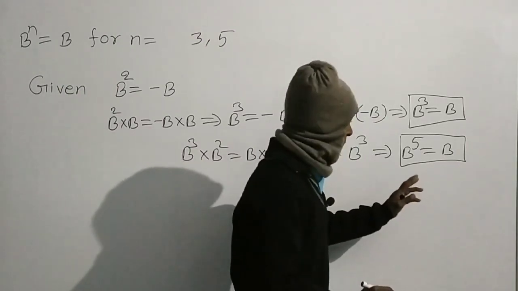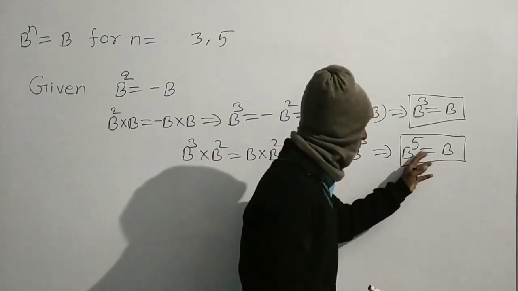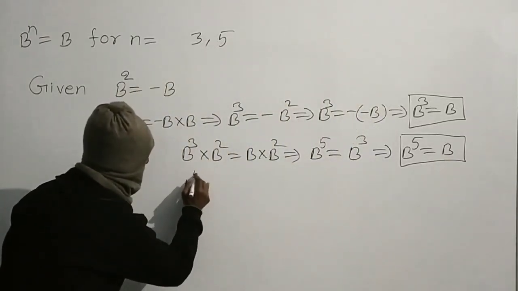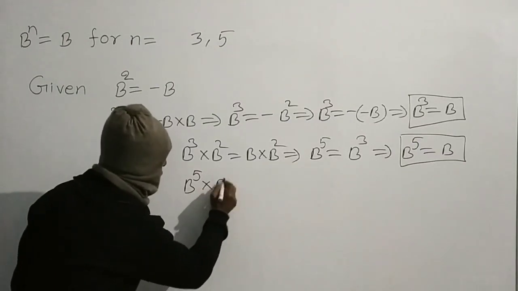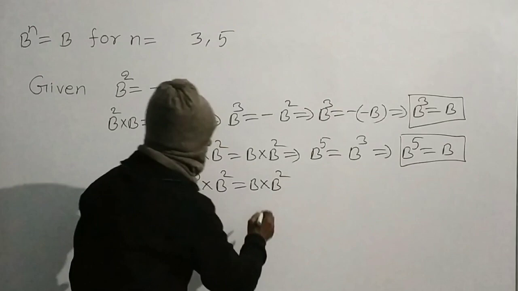Similarly, when we multiply both sides of this equation again by B square, this becomes B to the power 5 times B square is equal to B times B square.